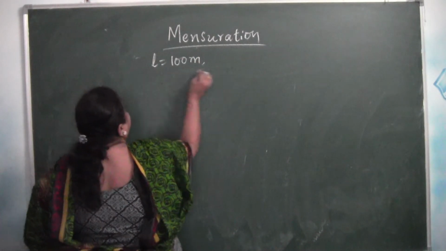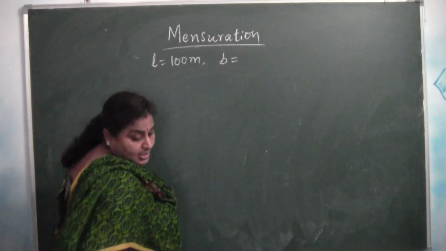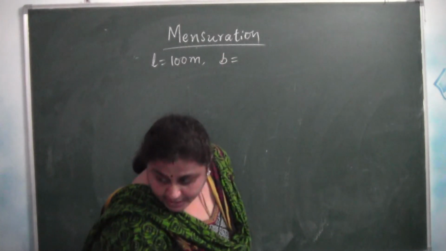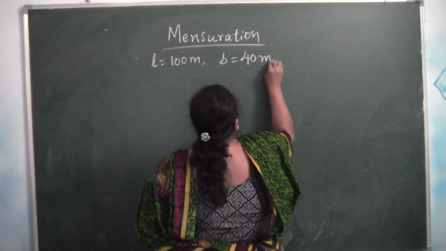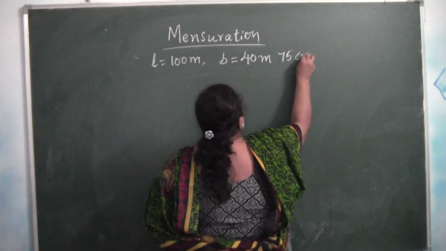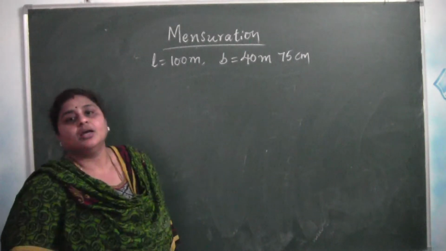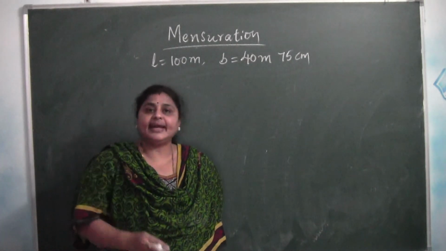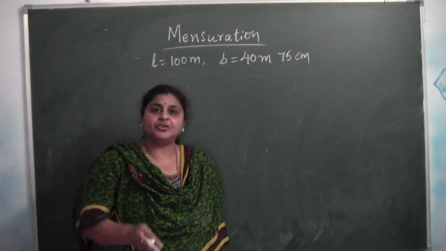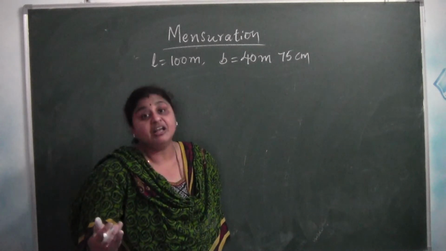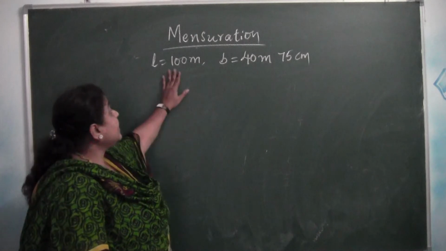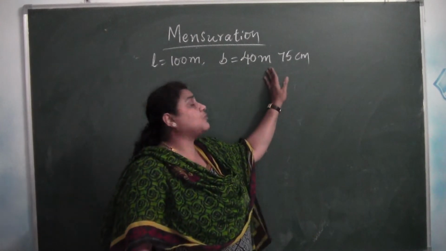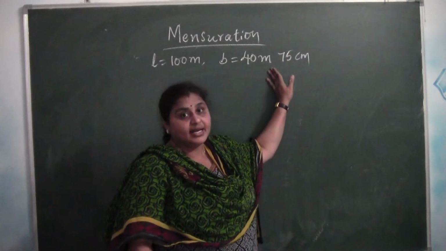Okay, and given breadth is 40 meters 75 centimeters. It's a rectangular plot and they have to construct a boundary for the rectangular plot.